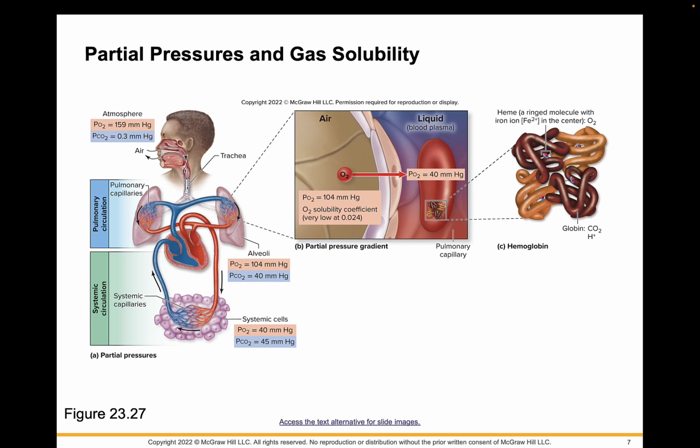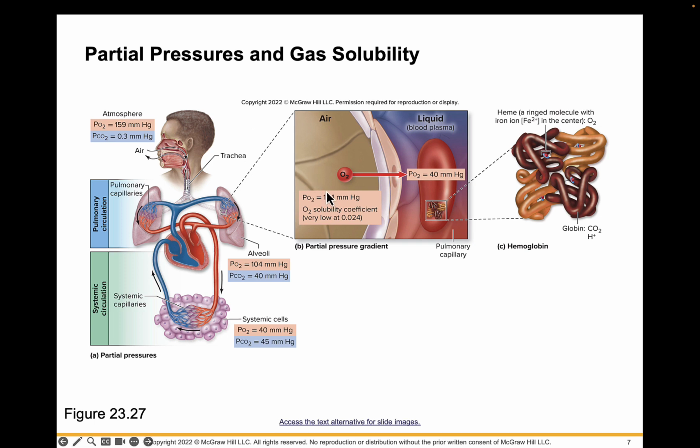Here we basically see the overall pattern, and note the differences in partial pressure. I'm just going to concentrate here on oxygen. If we look at the partial pressure of oxygen in the atmosphere at sea level, it's about 159 millimeters of mercury. Then within the pulmonary capillaries, we can see what the partial pressure of oxygen is within the alveolus.